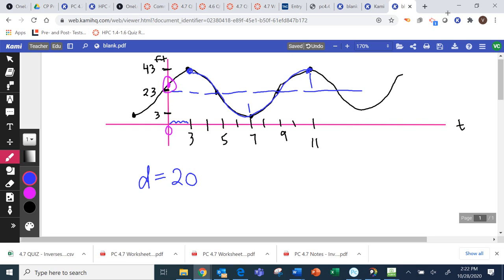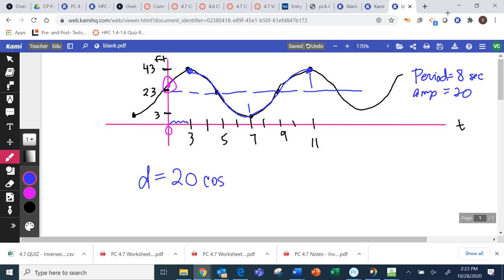Okay. 20 cosine. All right, what's our period? Louder. It is 8 seconds. A period would be how long, horizontally, how many seconds for one full cycle, one full rotation of the Ferris wheel. So our amplitude is 20.